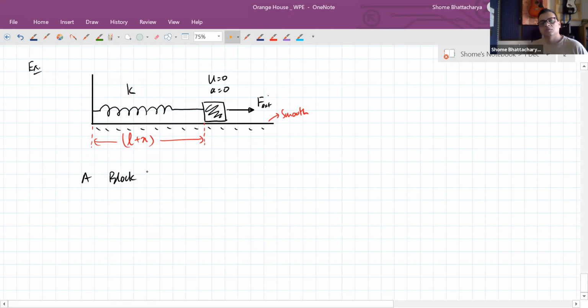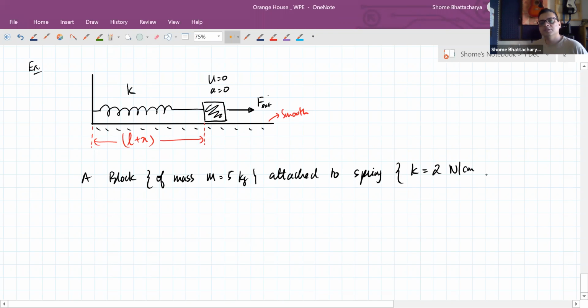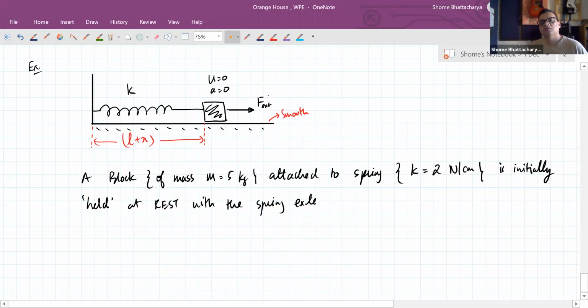So a block of mass, let us say m equal to 5 kg, attached to a spring of spring constant, let us say 2 newtons per centimeter, okay, is initially held at rest with the spring extended by x equal to 4 centimeters.